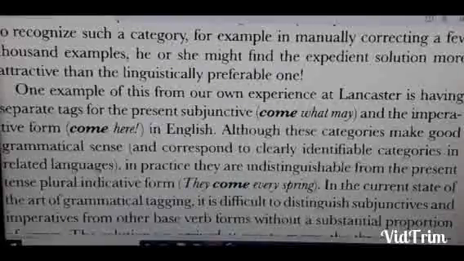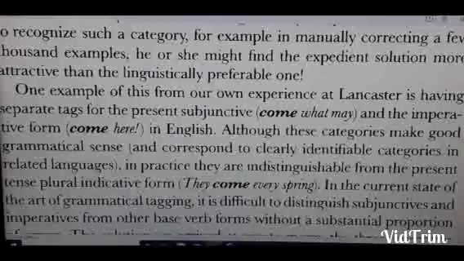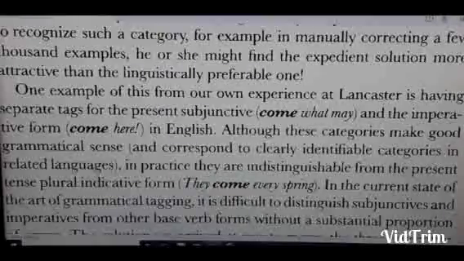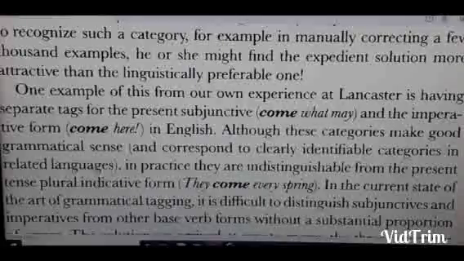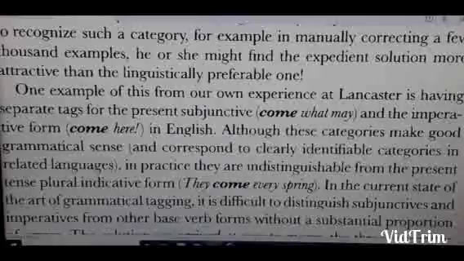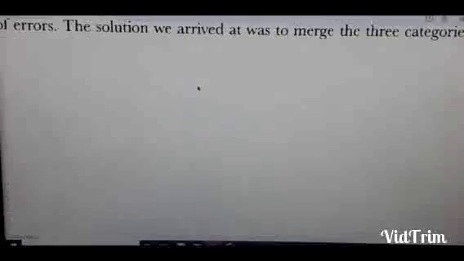Although these categories make good grammatical sense and correspond to clearly identifiable categories in related languages, in practice they are indistinguishable from the present tense plural indicative form "they come every spring." In the current state of the art of grammatical tagging, it is difficult to distinguish subjunctives and imperatives from other base verb forms without a substantial proportion of errors.